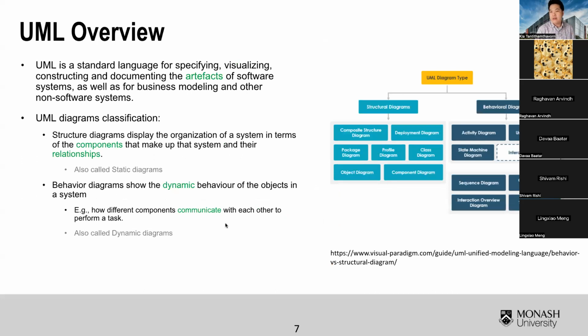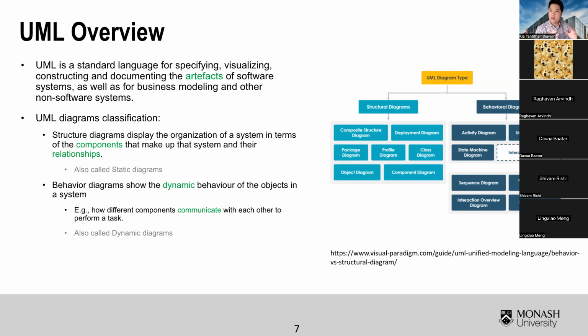That's why we need the UML diagrams, and mainly, based on the definition, UML diagram is a standard language for specifying, visualizing, constructing, and documenting the artifacts of the software system, as well as business modeling for other non-software systems, right? And mainly UML diagrams have two types.